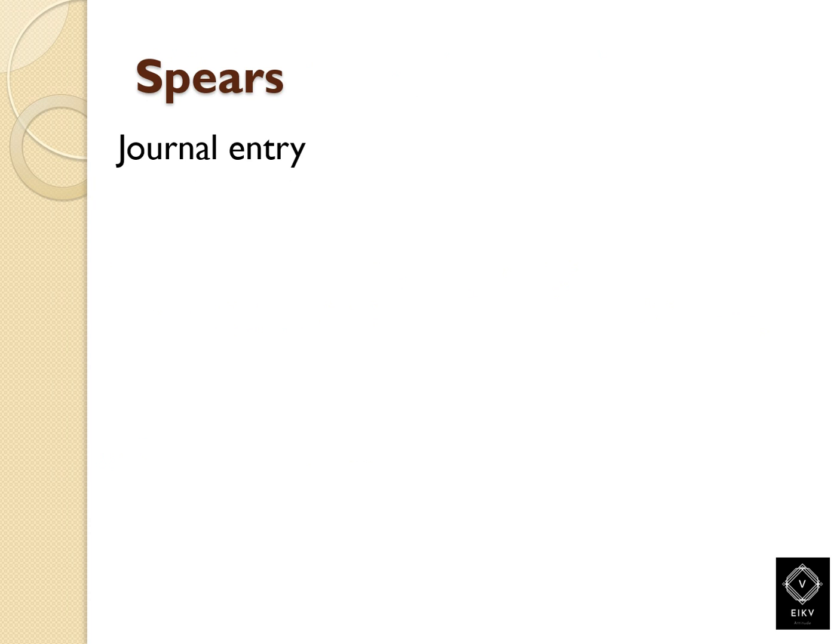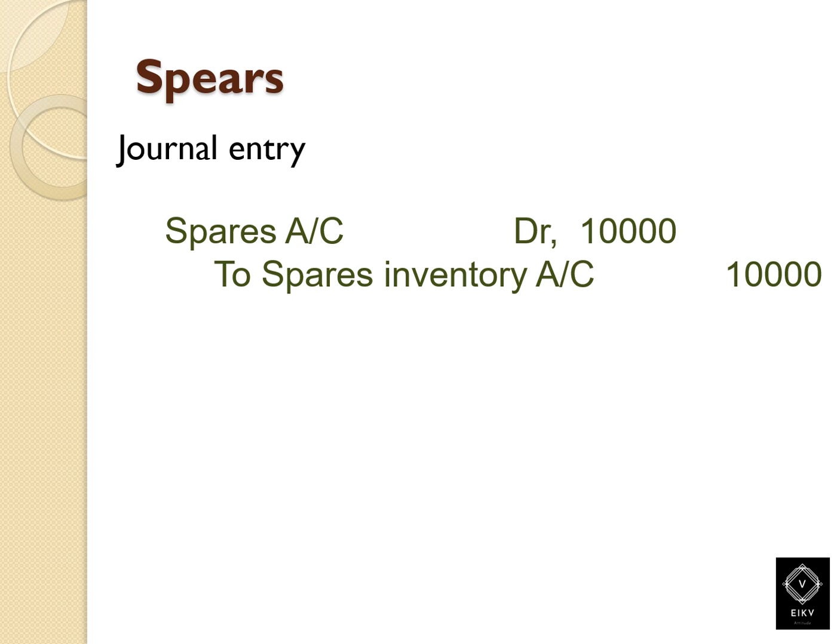Now I'm going to explain what spares and the spares account are. Spares account is an account which is shown in the profit and loss account separately. All the expenses related to other transactions or events are taken to the cost of goods sold account except the spares account. Spares account has been treated separately. So the entry will be spares account debit to spares inventory account. You can find in the first entry we debited spares inventory account at the time of purchase.